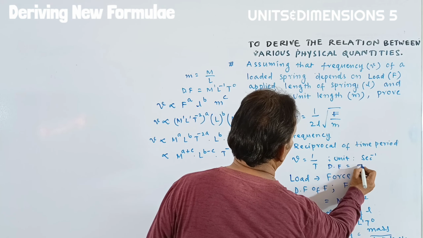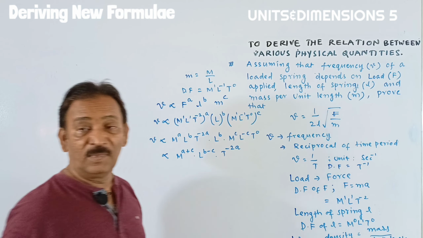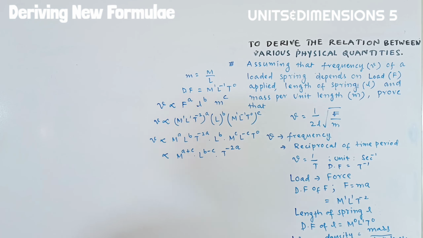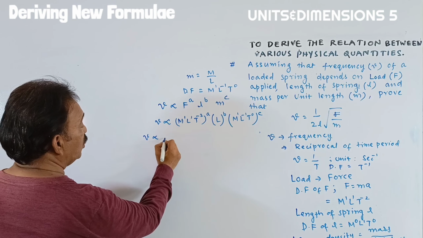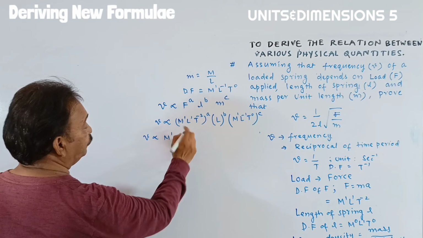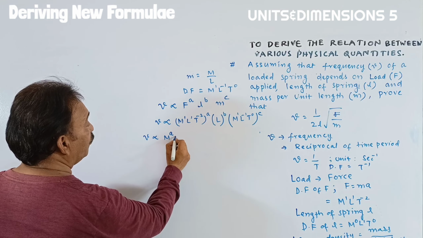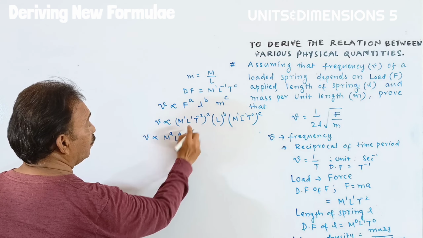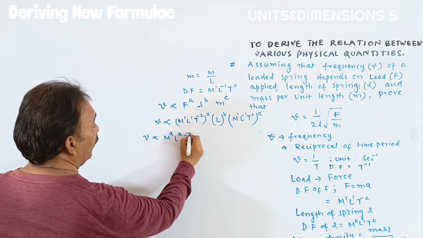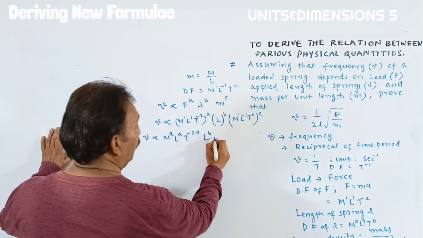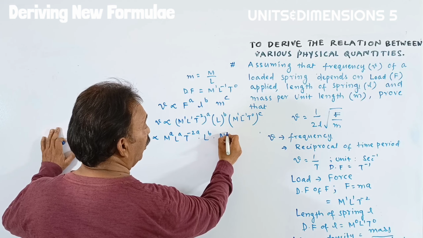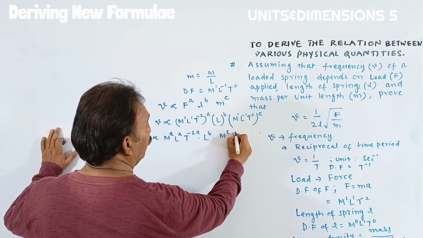Okay, students. Here we learn that frequency is the reciprocal of time, and the dimensional formula of frequency is equal to T inverse. Further, we are writing this as nu is proportional to M to the power of a, L to the power of a, T to the power of minus 2a, into L to the power of b, multiplied with M to the power of c, L to the power of minus c.